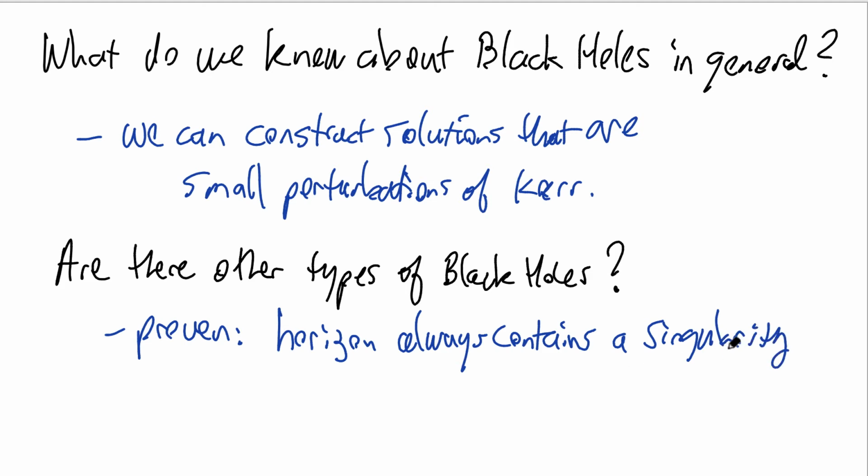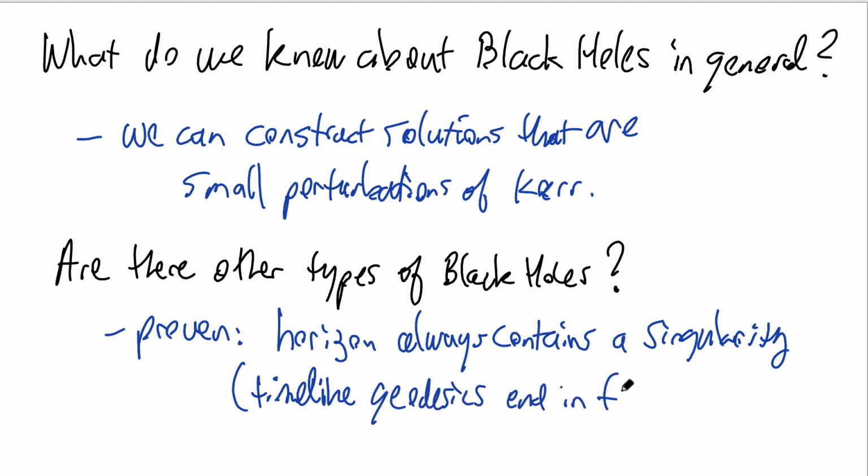Now, by singularity here, I don't necessarily mean a curvature singularity. What is meant by singularity is that time-like geodesics can't be extended for an infinite proper time once they cross the horizon. So time-like geodesics end in finite proper time.